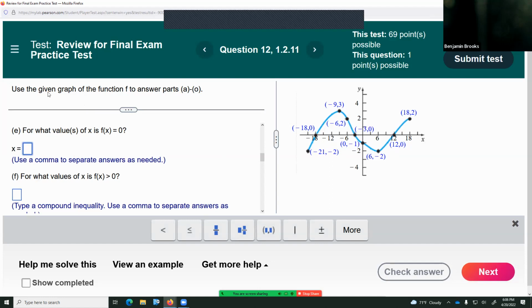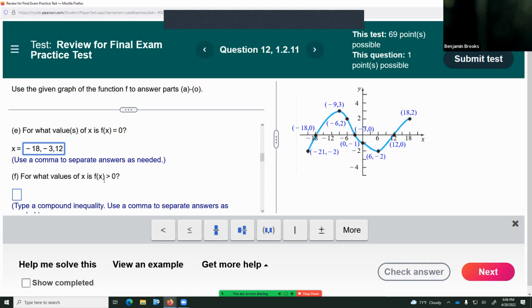My bad. f of x equals 0 means y equals 0, which is here, here, and here. All I had to do is look at the last points. So that occurs at -18, -3, and 12.